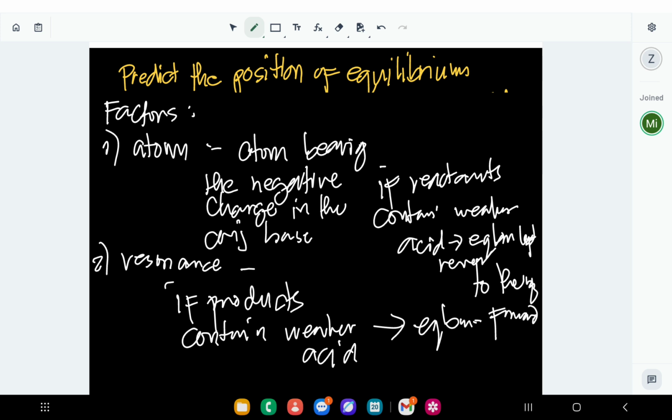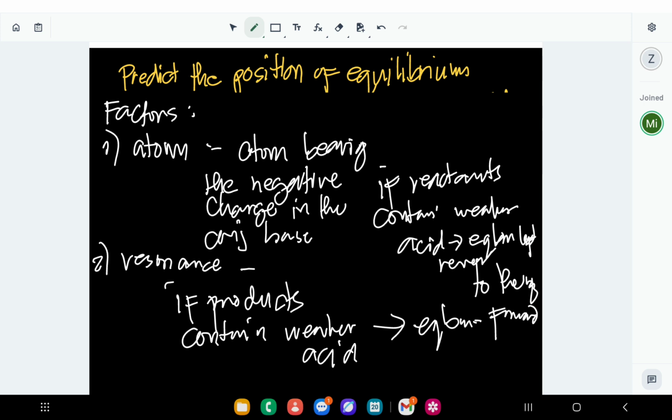So first thing, you identify the acid-base pairs on both sides and determine which acid is stronger. So which one is in that reaction? That is CH3CH2. Which one is stronger there?